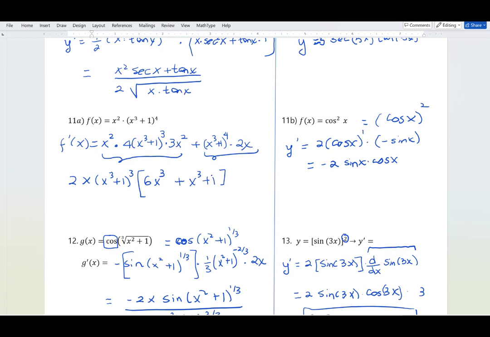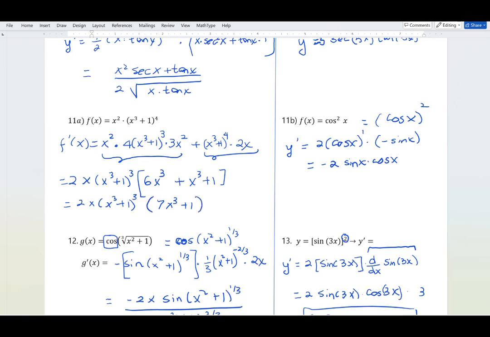And if we simplify that last quantity, we will get 2x times x cubed plus 1 to the 3rd times, combine 6x cubed plus 1x cubed as 7x cubed plus 1. And you could use parentheses or brackets just to separate as a group.